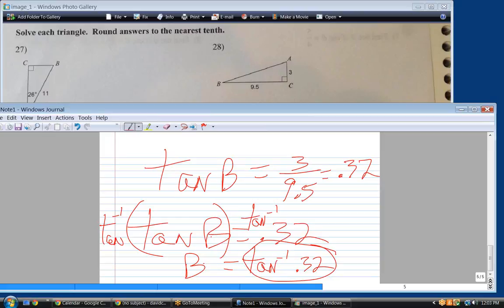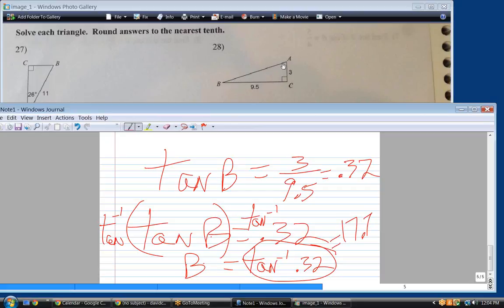Oh yeah, it was in radians. And that's how you switch back and forth between radians and degrees. If you're in degrees, it's not going to give you a decimal answer usually. So it's like 17.7 degrees. So that gives us that angle.